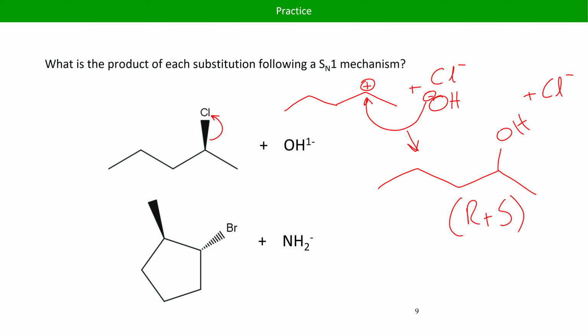Just so that you've seen it, I don't typically write it like this, but it does show up in textbooks. If you write one of the enantiomers, you can write plus en as shorthand for the other enantiomer.